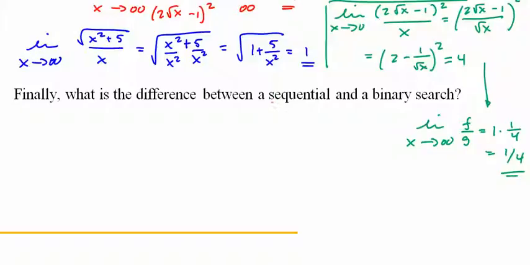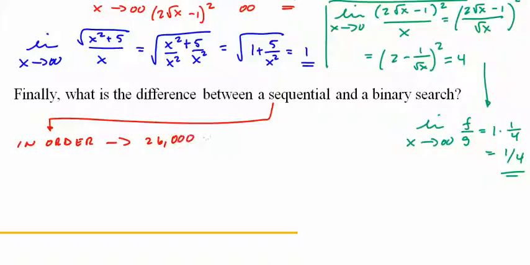Last thing, sequential search ties in, we go in order. So if I had looking up a letter starts with A and there's 26,000 words, I just go number 1, number 2, number 3. Binary search means go half. So right in the middle at 13,000.